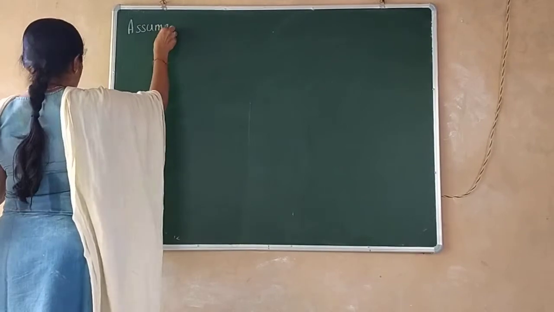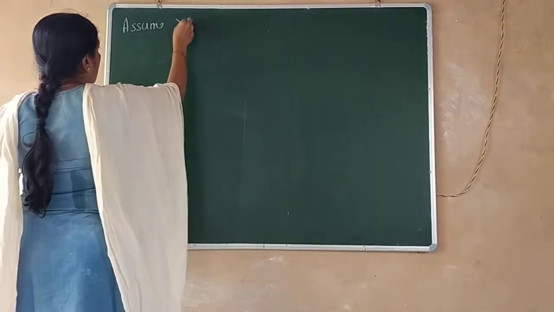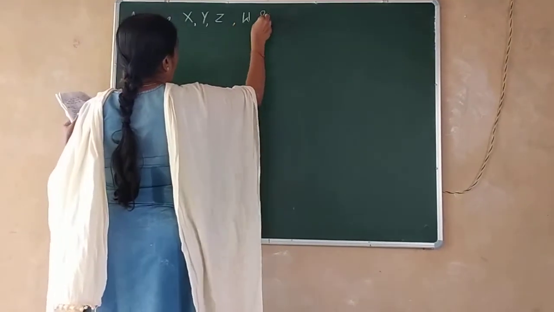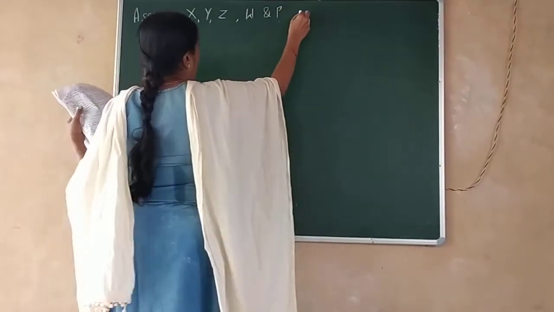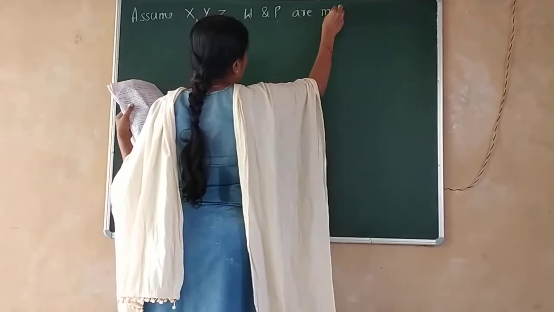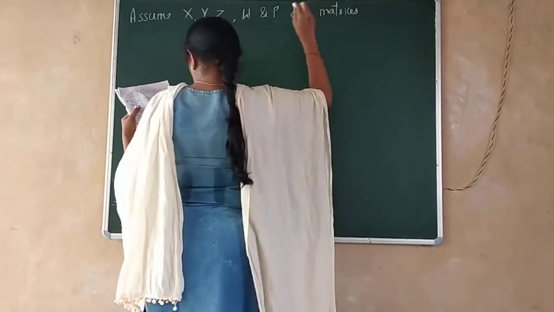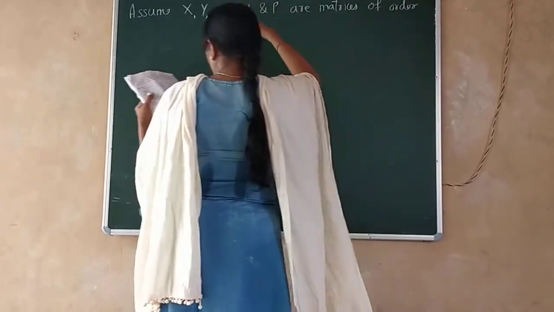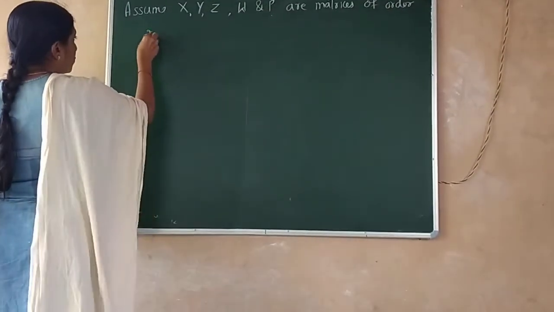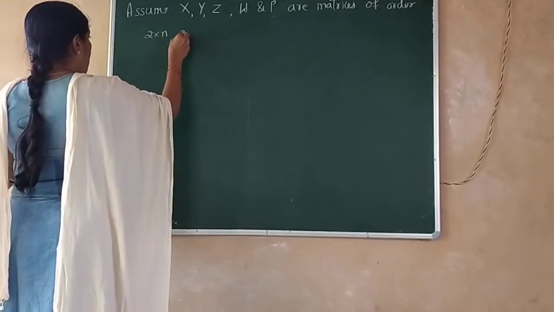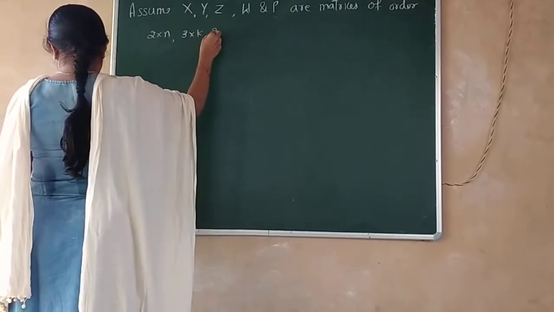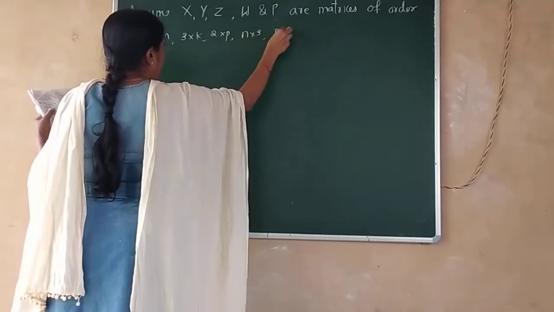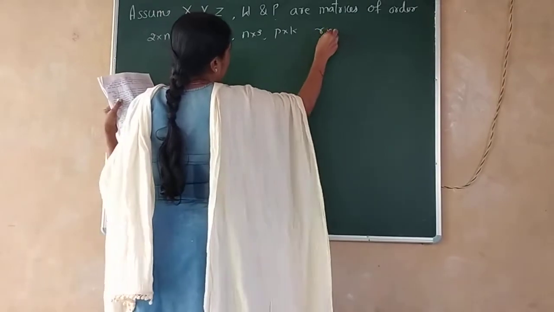Assume X, Y, Z, W and P are matrices of order, exactly below I am writing, 2 by n, 3 by k, 2 by p, n by 3 and p by k respectively.